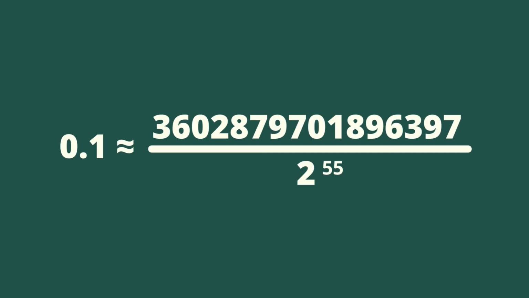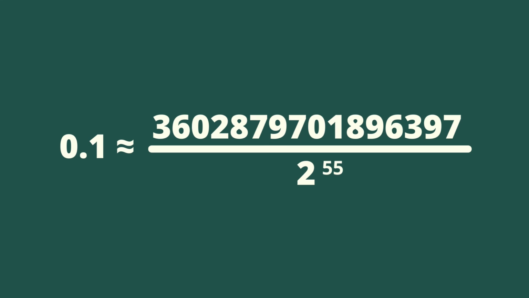Like 0.1, the binary fraction is this, which is close to, but not exactly equal to the true value of 0.1. Of course, Python only displays the decimal approximation of the true values stored in the machine. Therefore, many people are not aware that these numbers are approximations.